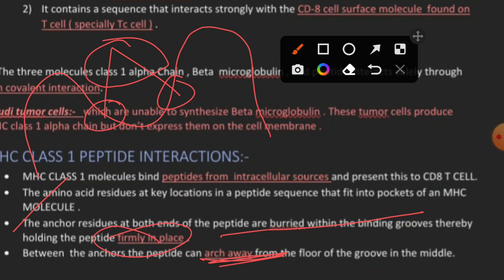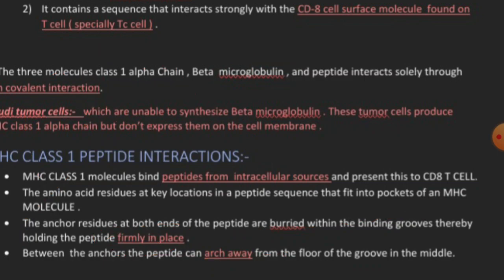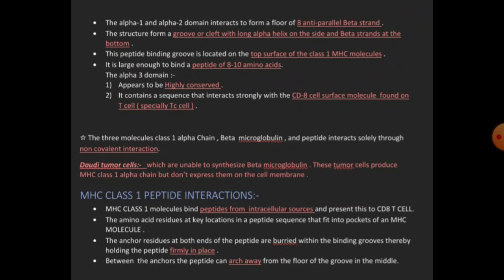Okay, so that is about MHC class 1 peptide interaction, but here I have only mentioned the interaction. How it is processed by the MHC class 1 molecule I have not mentioned till now. You will get a separate video on that particular topic.